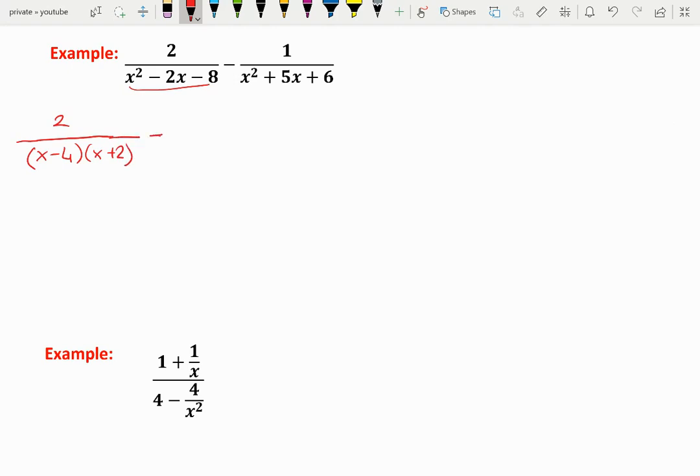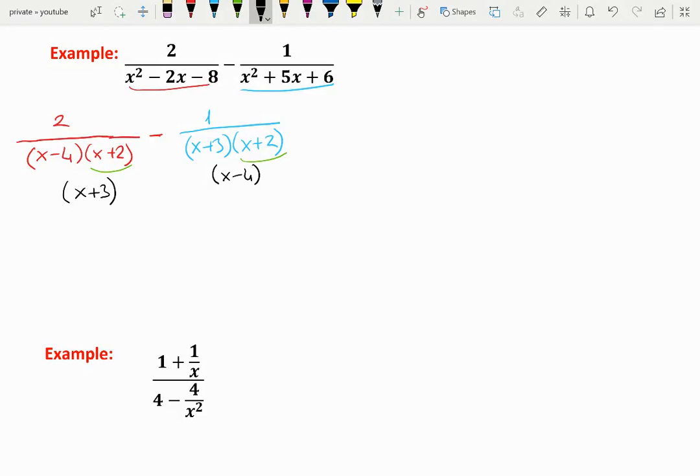Here in the second part I can write 1 over x plus 3 and x plus 2. So they have something in common, x plus 2, but the other parts are different. So I have to make these two denominators the same. I have to multiply this one with x minus 4 and this one with x plus 3. Now they look the same.